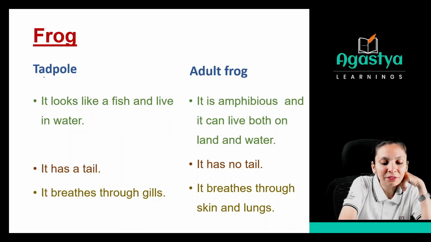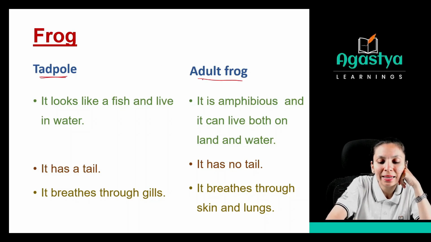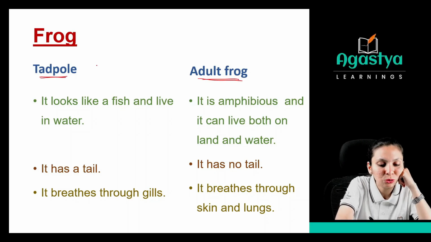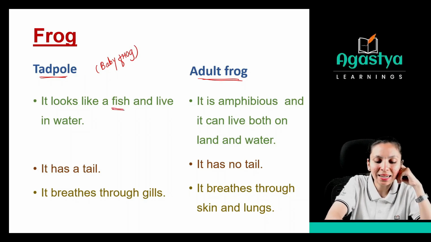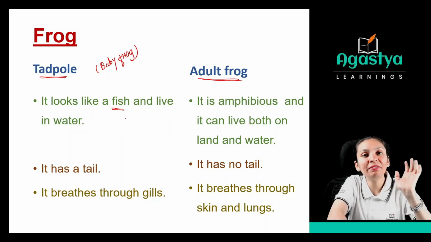Now see, what is the difference between a tadpole and an adult frog? As you know, a tadpole is a baby frog. So the tadpole looks like a fish and lives in water. It will only live in water.